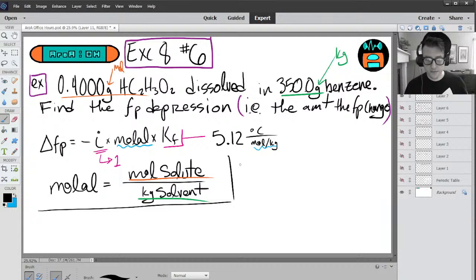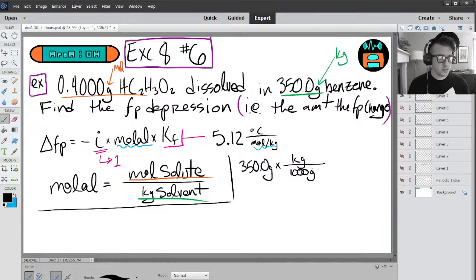So first off, let's take 350.0 grams of benzene and convert it to kilograms. Grams cancel.